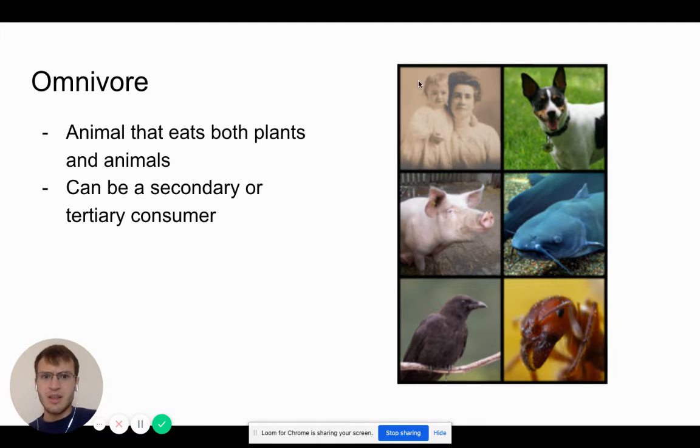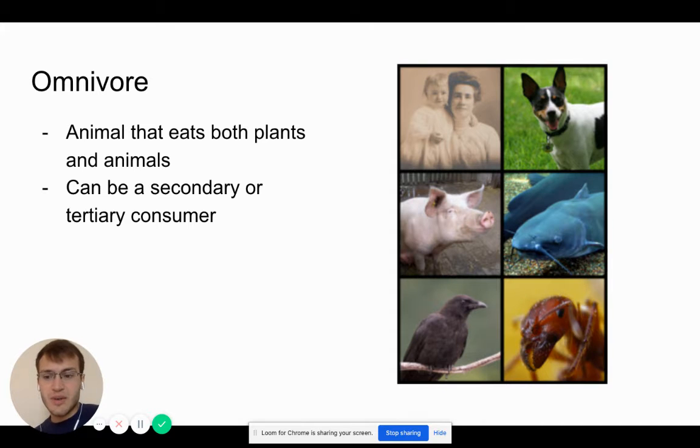So we humans, we're higher than tertiary consumers, but we haven't talked about things higher than tertiary consumers. So basically, we're tertiary consumers. We eat secondary consumers, primary consumers, and producers. So now I'm going to show you some food webs, and these food webs have a lot of details in them.